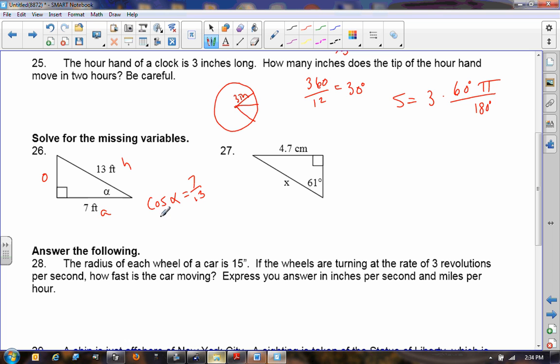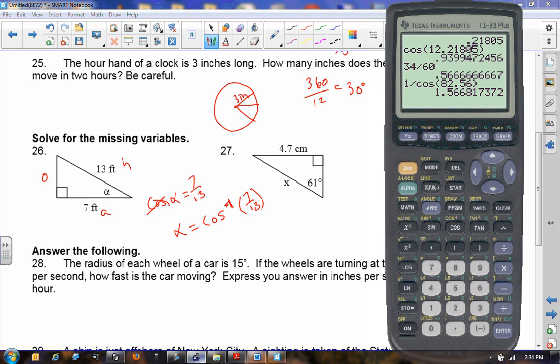But I want alpha, so I have to get rid of cosine. The way you get rid of cosine is to undo cosine, which is, remember, called the arc cosine. It is a second function. Second cosine of 7 over 13.